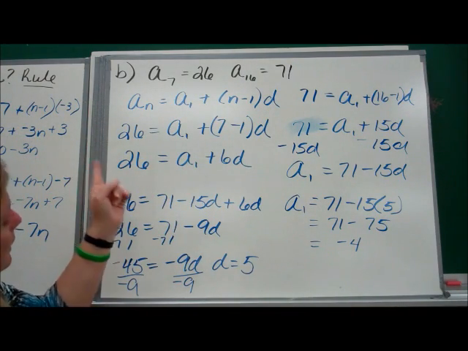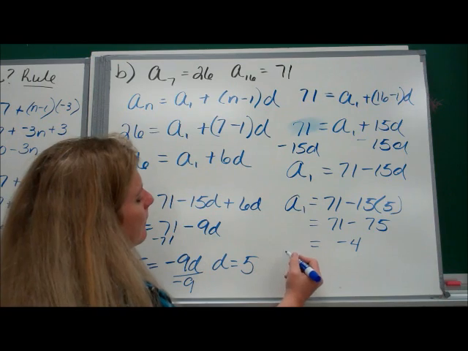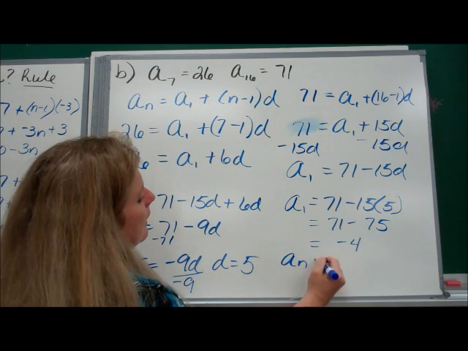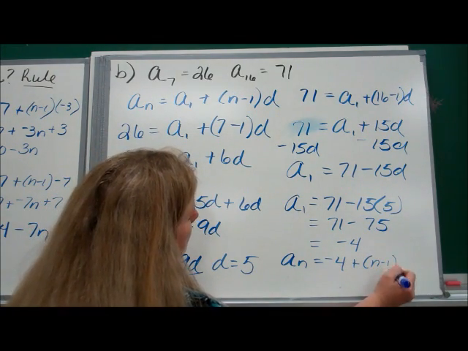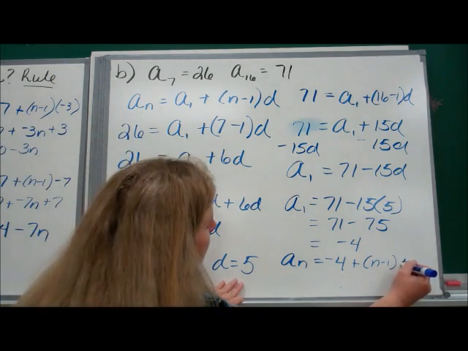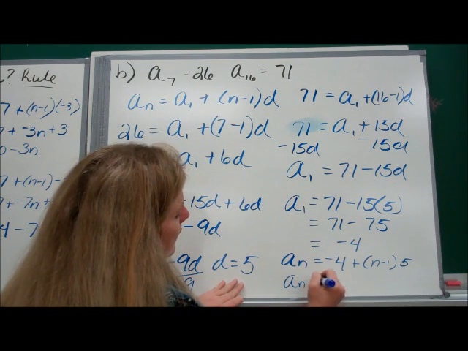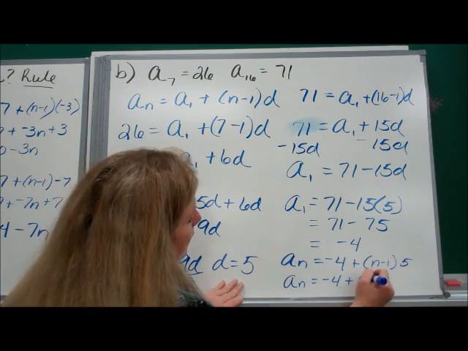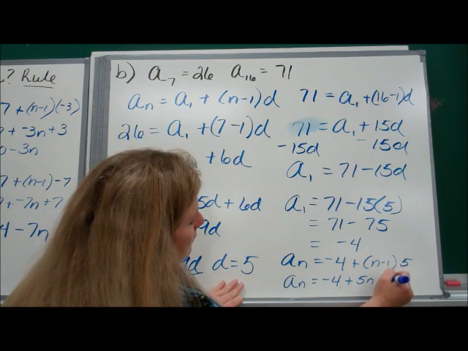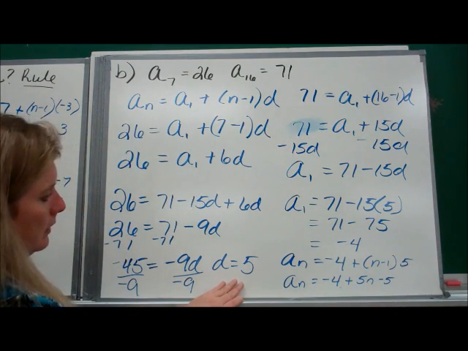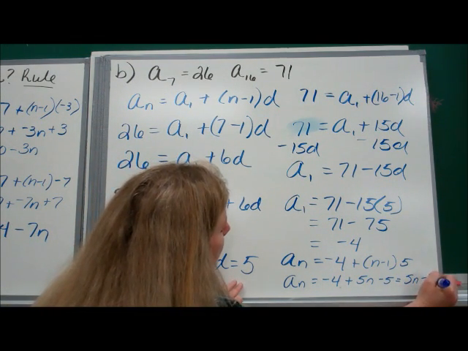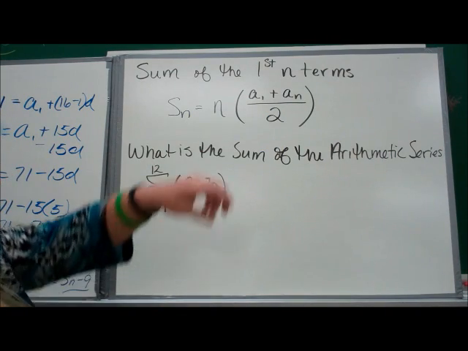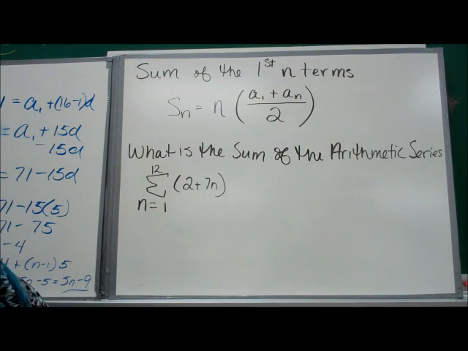We're still not done yet. a sub n equals negative 4 plus n minus 1 times d, which is 5. So a sub n equals negative 4 plus 5n minus 5, which equals 5n minus 9.